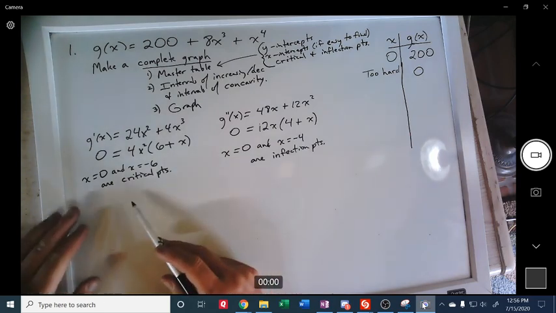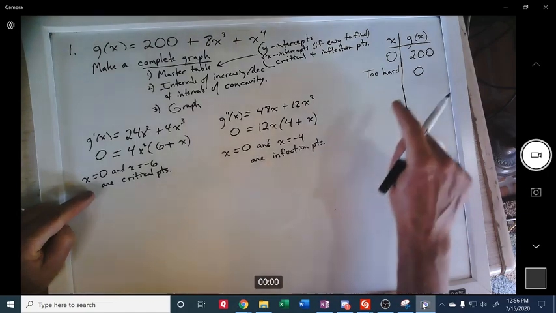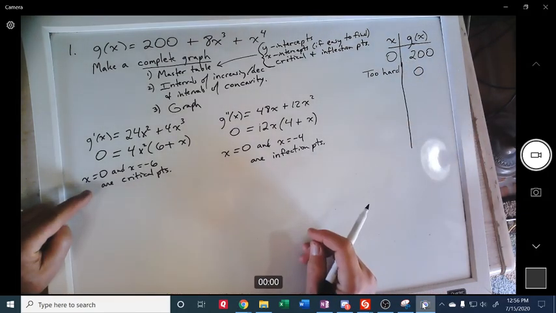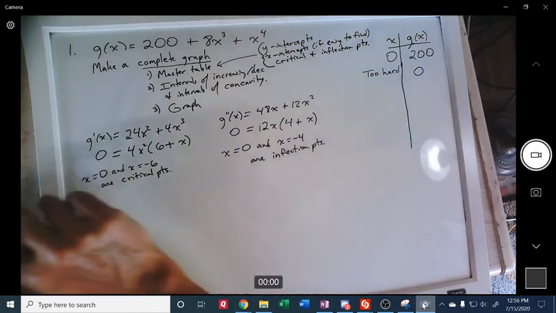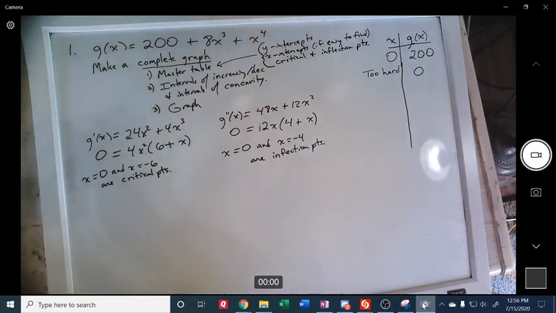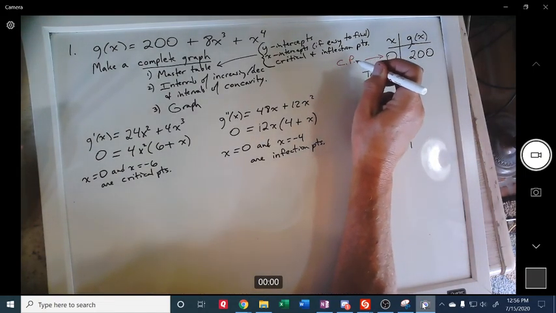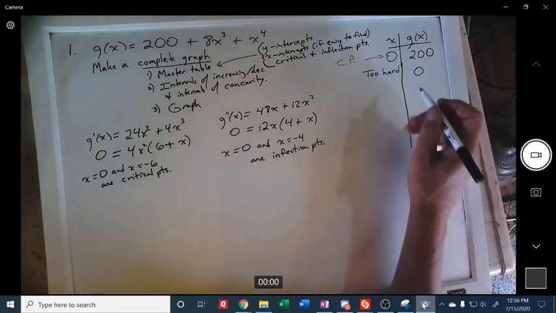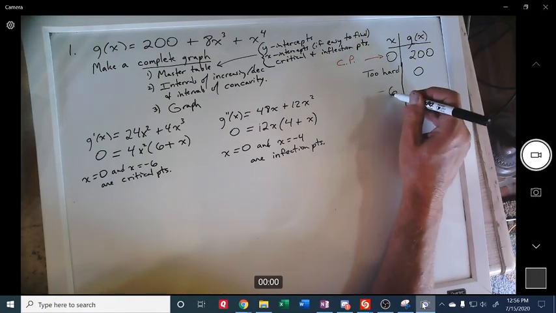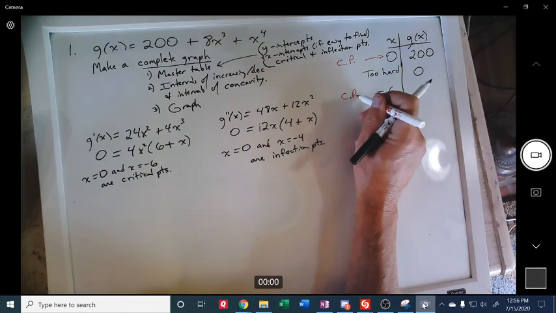All right. Then, critical and inflection points. We have the critical points. Now, you often get duplication. So 0 was already in here as an intercept, but it's also a critical point. That doesn't mean I have to write it in again. I just might want to make a little note. This is a critical point. And then I'm going to also need to put negative 6 in there. And that's also a critical point.